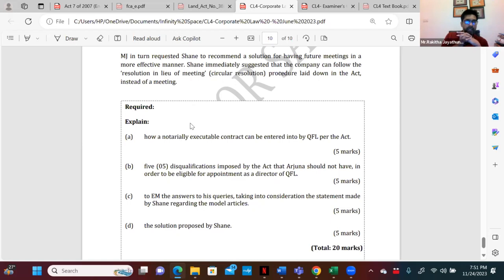So your focus should be on studying the textbook, understanding each and everything, and cross-referencing with the Companies Act. Now there are certain things not mentioned in the Companies Act, but mentioned in the textbook. Then what you should do? Go to the relevant section and make a short note near it. Let's say section 19, subsection 1.